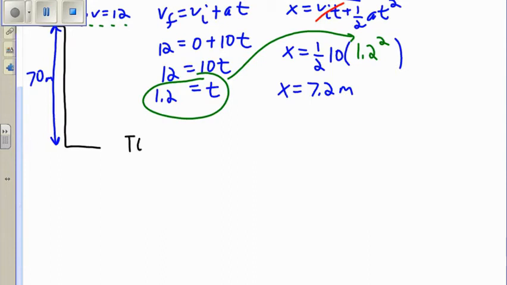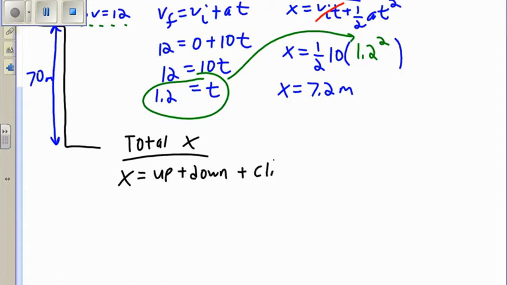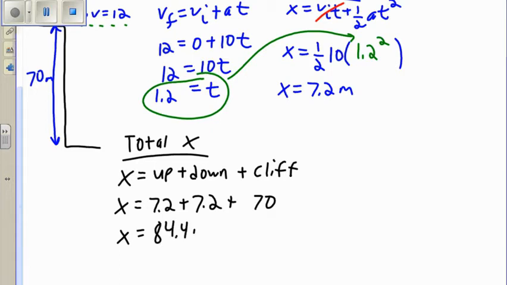So the total distance, x would equal the up plus the down plus the cliff. So the total distance would be 7.2 plus 7.2 plus 70. So my total distance is 84.4 meters. So that's one of my three answers.